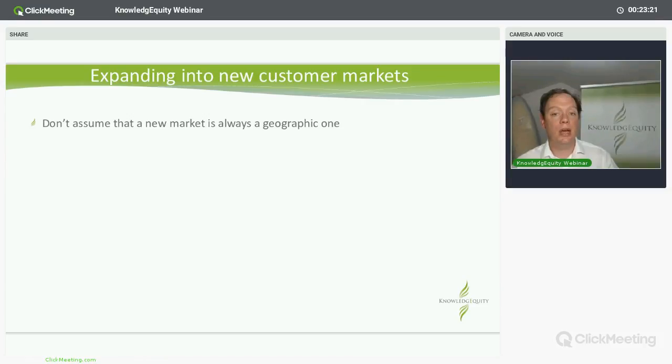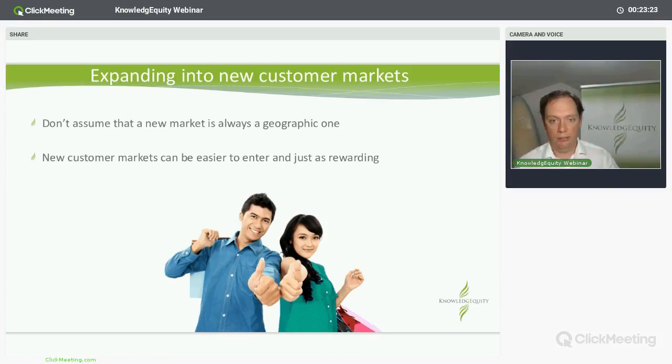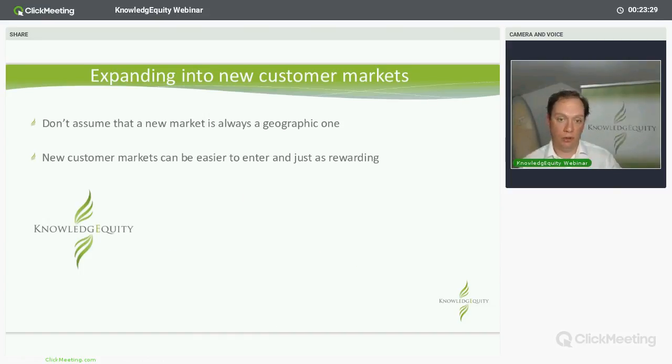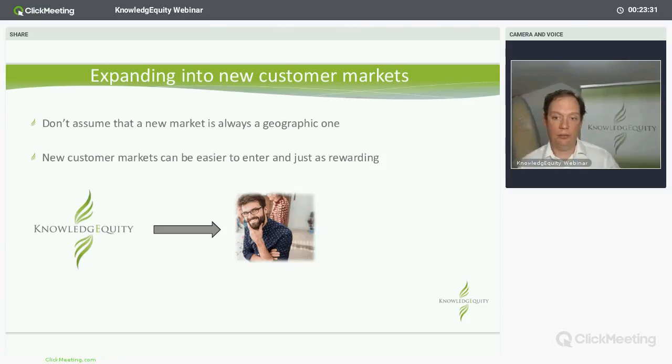Don't assume that a new market is always a geographic one. Right? New markets, new customer markets can sometimes be easier to enter and cheaper to enter and just as rewarding. For instance, we have, this is typical you, but it may not be, as a professional, high-performing CPA student, right?